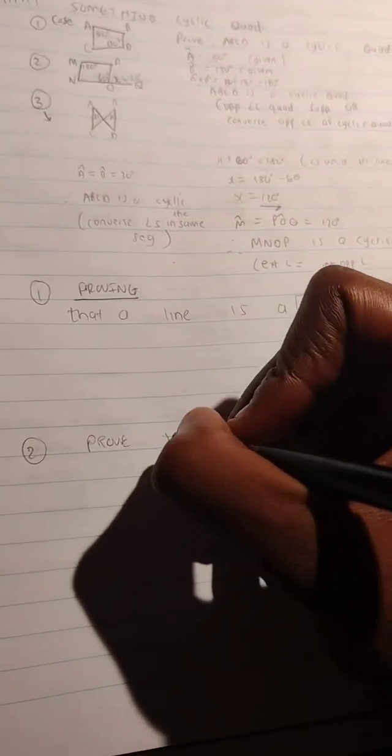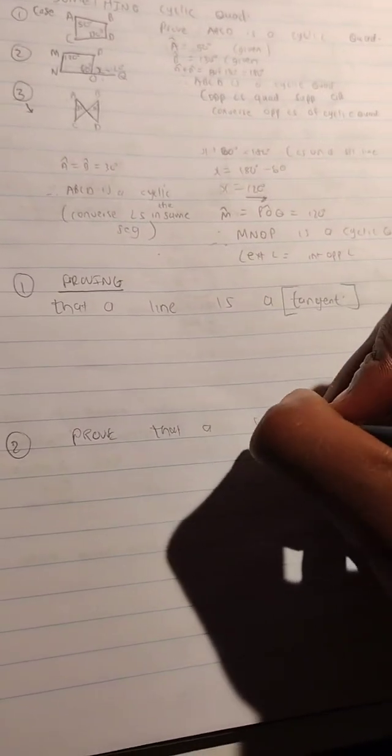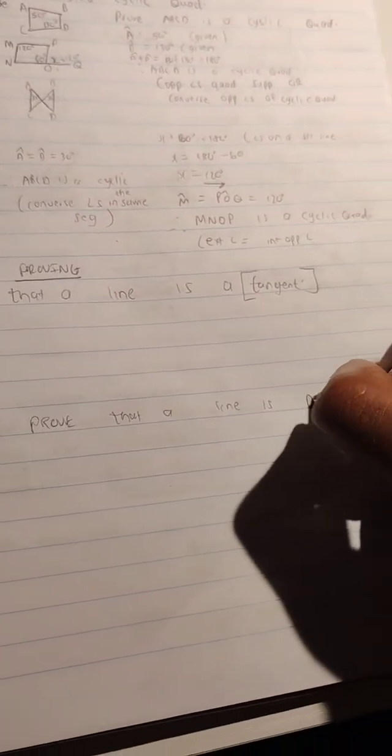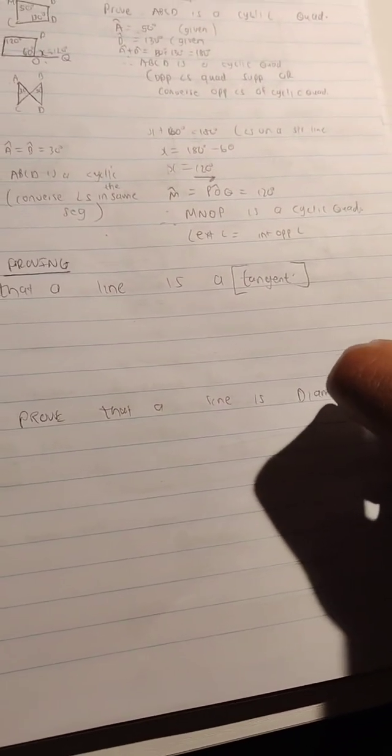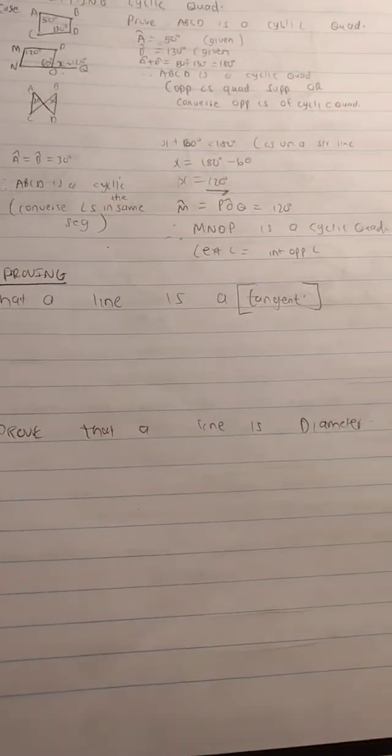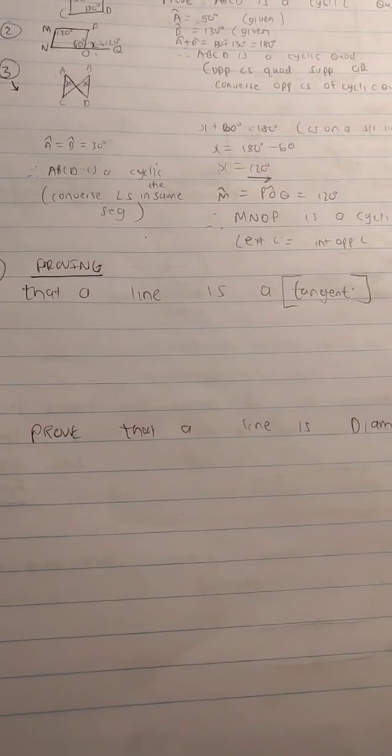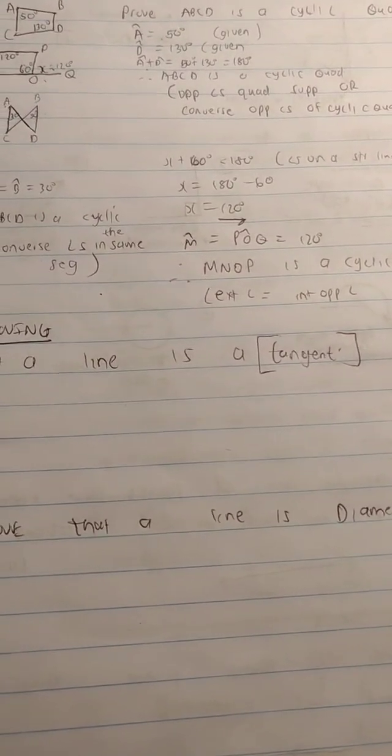Also, not only that, prove that a line is a diameter. There are certain cases where you're asked to prove that a line is a diameter. So these are things you need to be aware of.